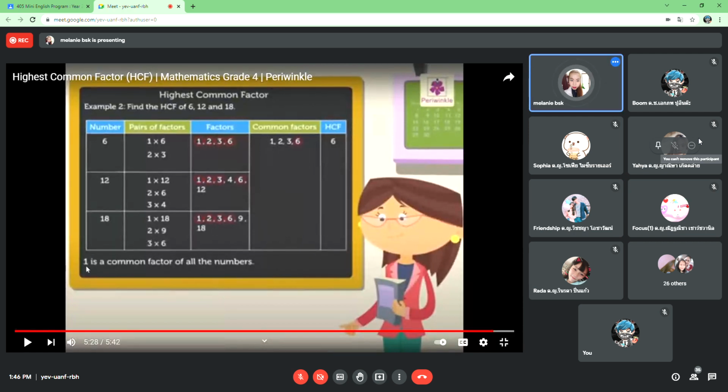All numbers from 1 until any number that you like, they have the common factor 1. Every number, all numbers, children. Okay, now can you get what highest common factor means, children? Yes or no?